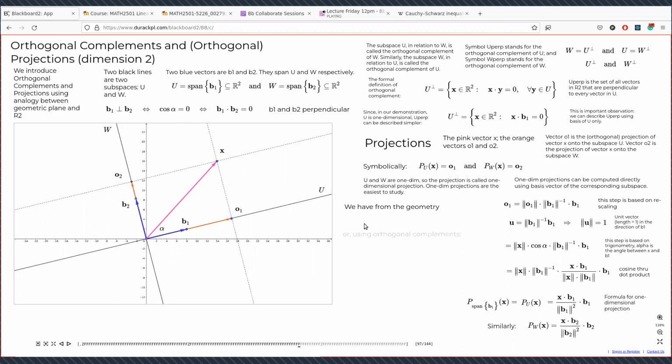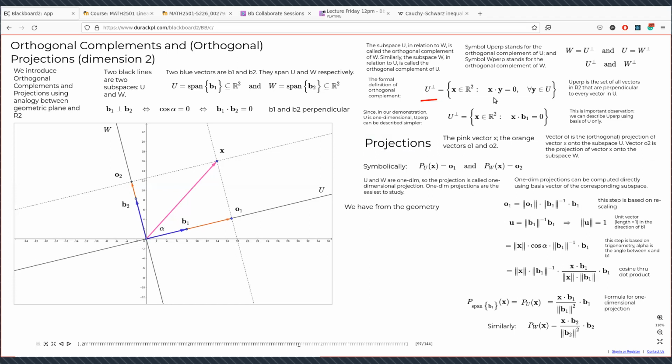Anyway, so where did I stop? I think this was the part, the similar formula for W. I see where I stopped. I was trying to summarize the important things which were part of this slide.